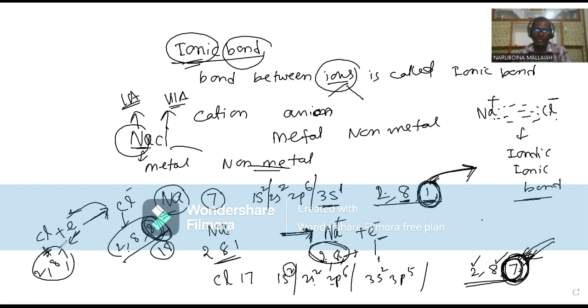That means the chlorine atom, by getting 1 electron from sodium, gets the configuration of argon. That means this also becomes stable. This chlorine got the configuration of an inert gas. So in this way, both sodium and chlorine become stable, right? So in this way, an ionic bond is formed.